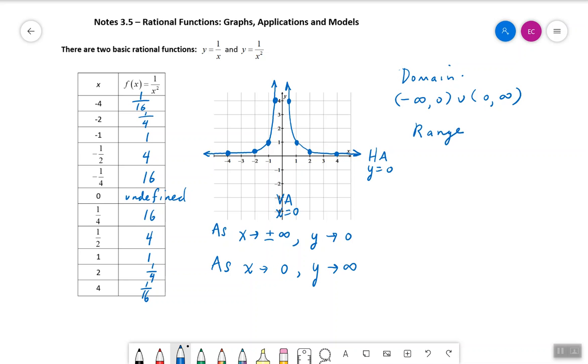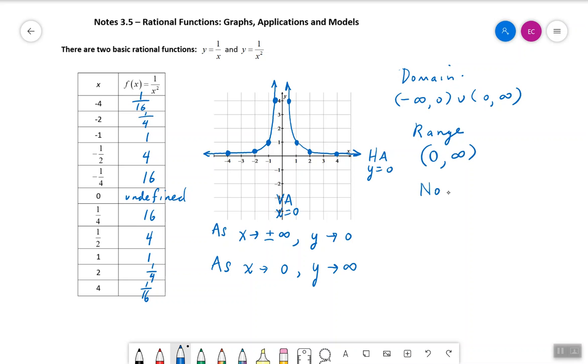The range is only the positive numbers, because the numerator is positive 1. The denominator is also positive because it's squared. So it doesn't matter if the input is negative or positive. When we square that, we get a positive result. So the range is positive real numbers from 0 to infinity.